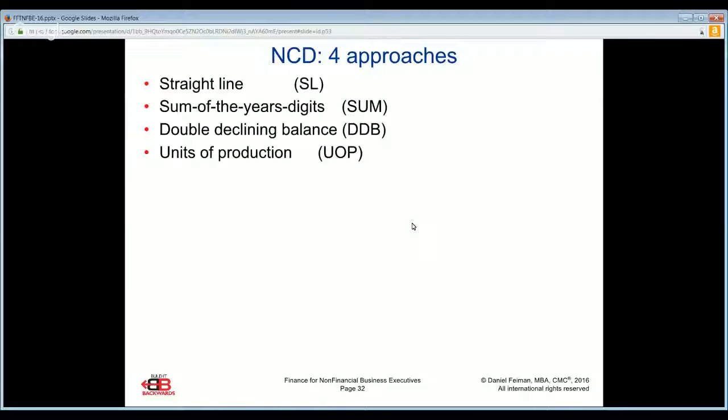Now, we haven't forgotten about units of production. Units of production, or what's referred to as UOP, is only used when we have an asset whose useful life is not measured by time, it's measured by usage. An aircraft engine has only a certain number of hours of flight.